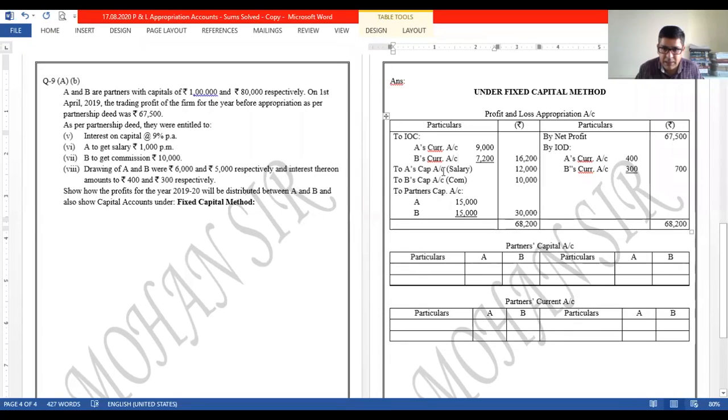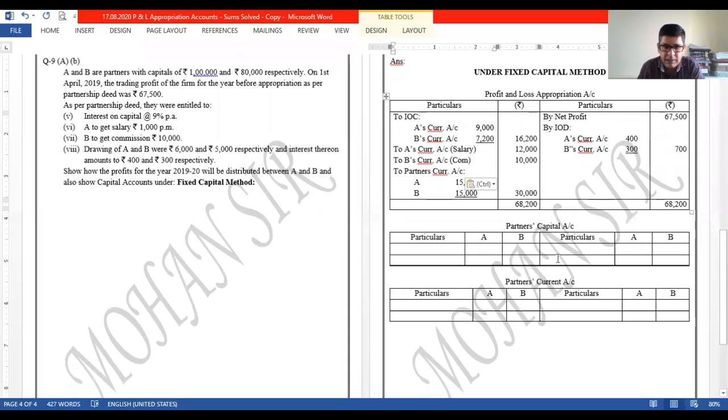Again over here, I can see that this is A's capital, so instead of A's capital account, I have to write A's current account for the adjustment of salary. In the same way for commission, it is B's capital account, so it has to be B's current account. And over here, again, partner's capital account, no, it has to be partner's current account. Right? So that is all the things we need to take care of.